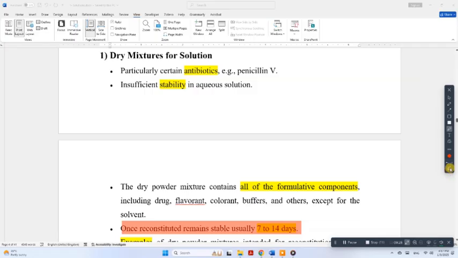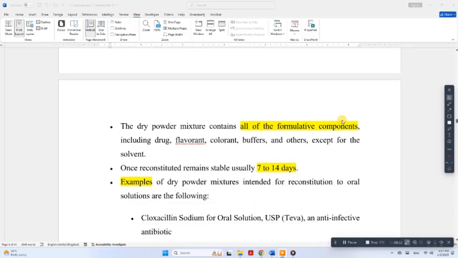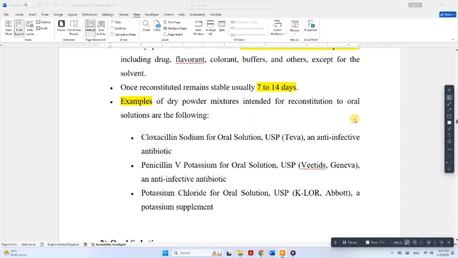A typical example is cephalosporins, like penicillins and cephalosporin derivatives. These are antibiotics. You go to the pharmacy, buy a bottle containing dry powder, and then add water to it to make a certain mark on the bottle. Antibiotics are a typical example. But sometimes, they also use a powder because the powder will occupy a smaller volume in the pharmacy.